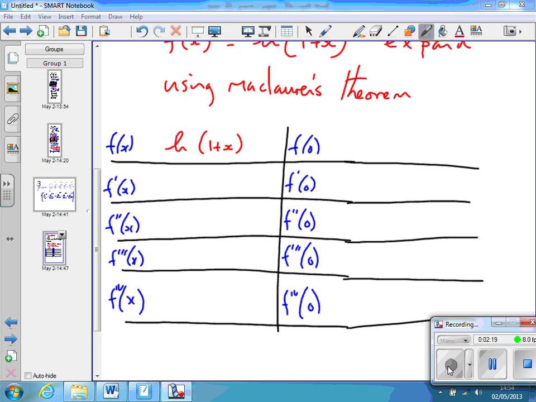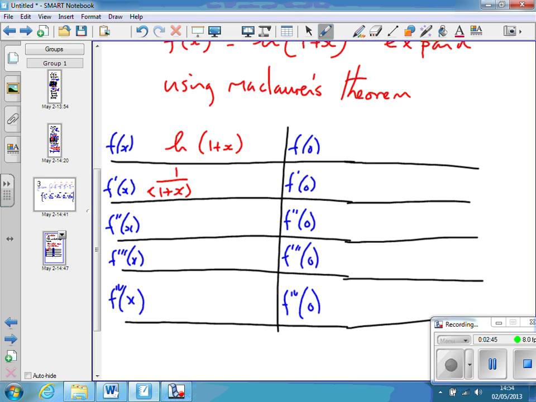The first differential is probably the most awkward, actually. The log of 1 plus x, if we differentiate that, becomes 1 over 1 plus x multiplied by, using the chain rule, we let u equal 1 plus x. So it's 1 over 1 plus x multiplied by the differential of 1 plus x, which is just 1.